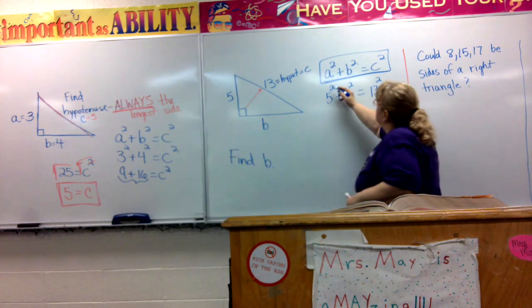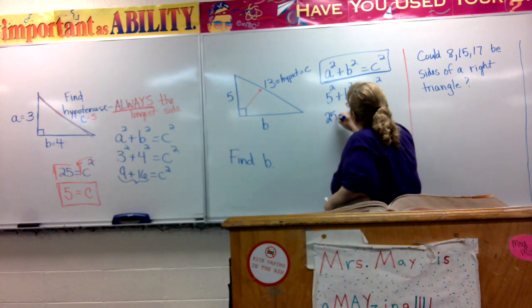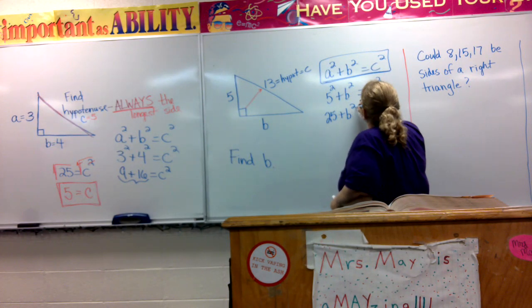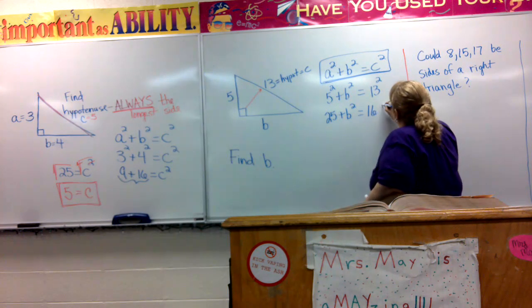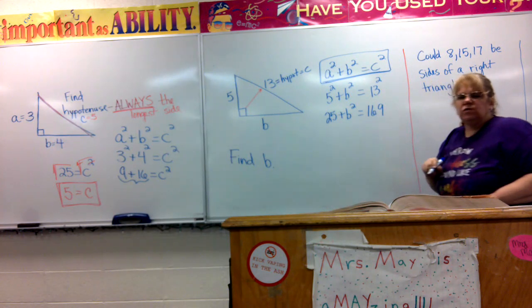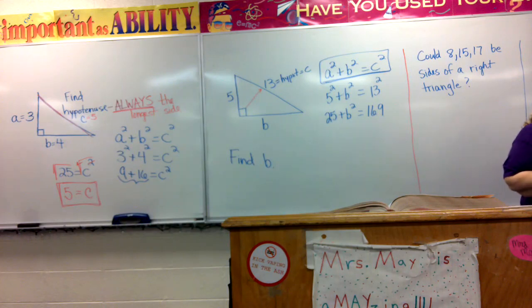What's 5 squared? 25. 25 plus b squared equals 13 squared, which is 169. By the way, you probably are going to need a calculator today. Some of these I even need a calculator for.